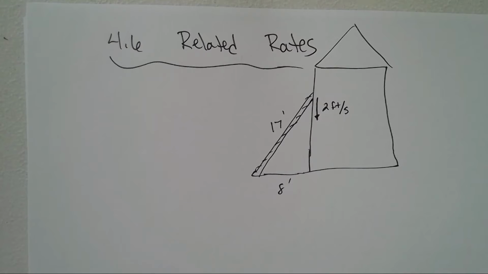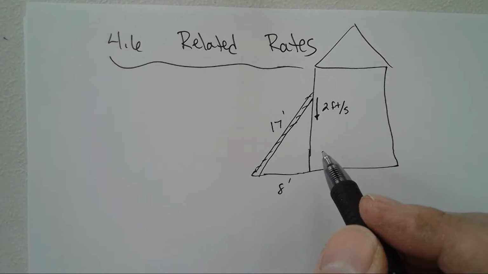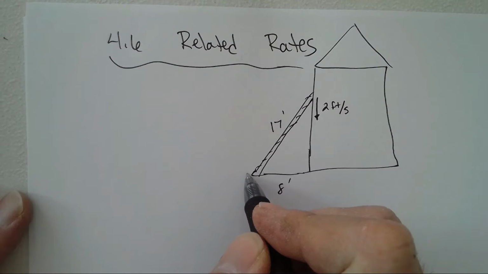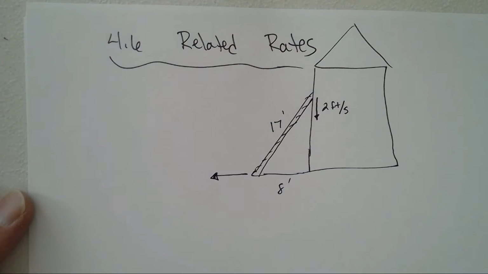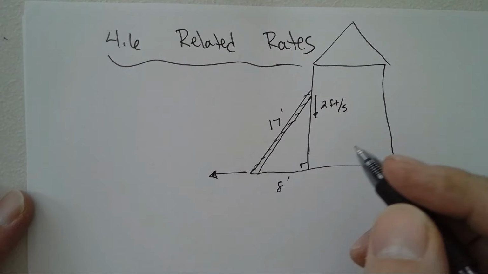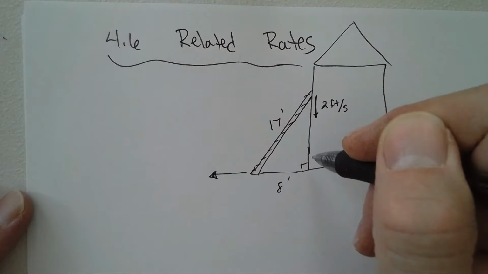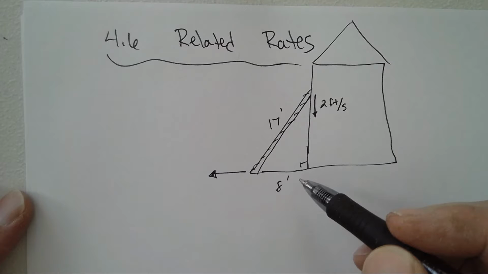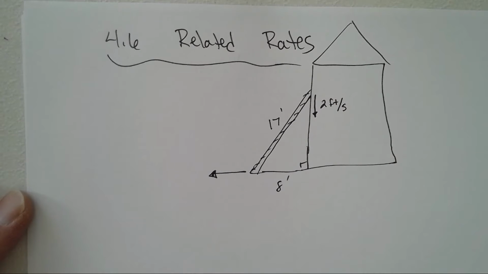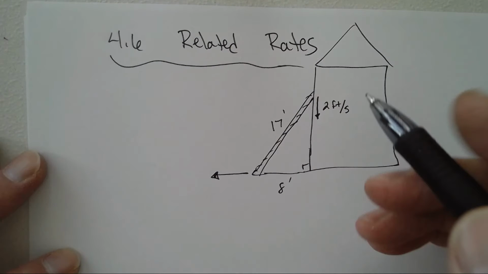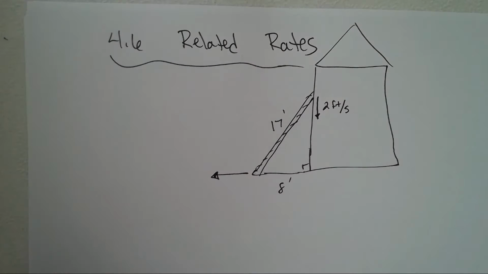So if that's the case, how fast is this end of the ladder going away from the building, so sliding outward? We're trying to find out how fast this is sliding out, knowing that this is sliding down when it's 8 feet away. Alright, so we need to set up some variables.